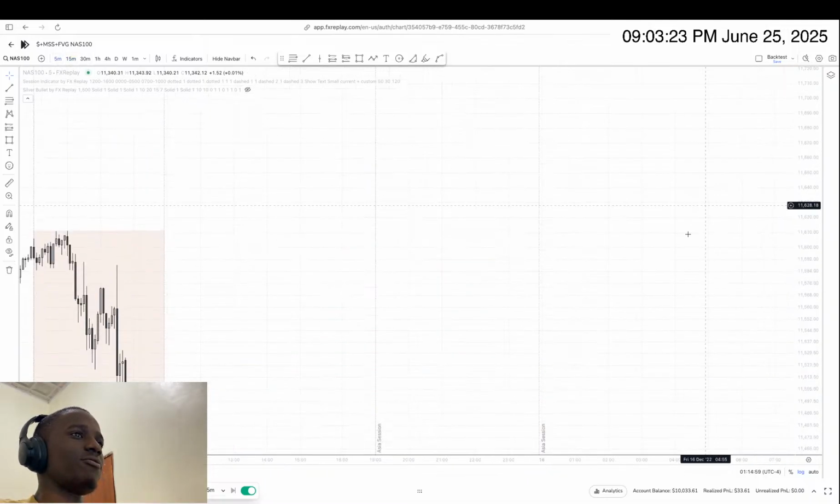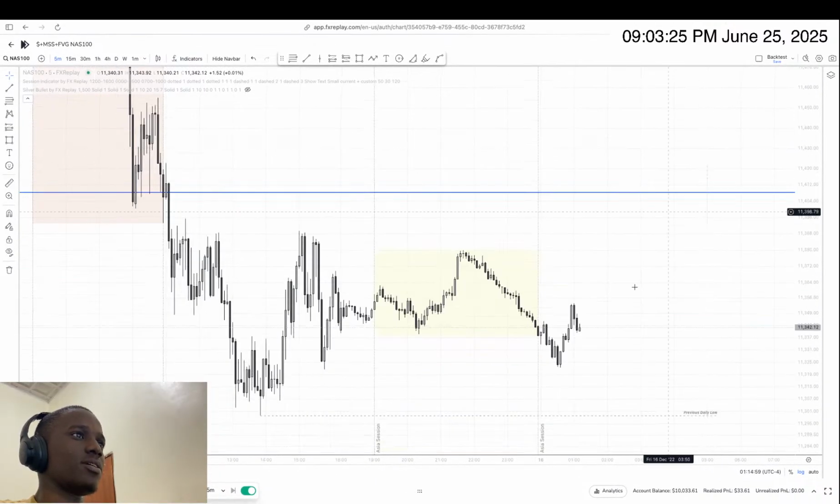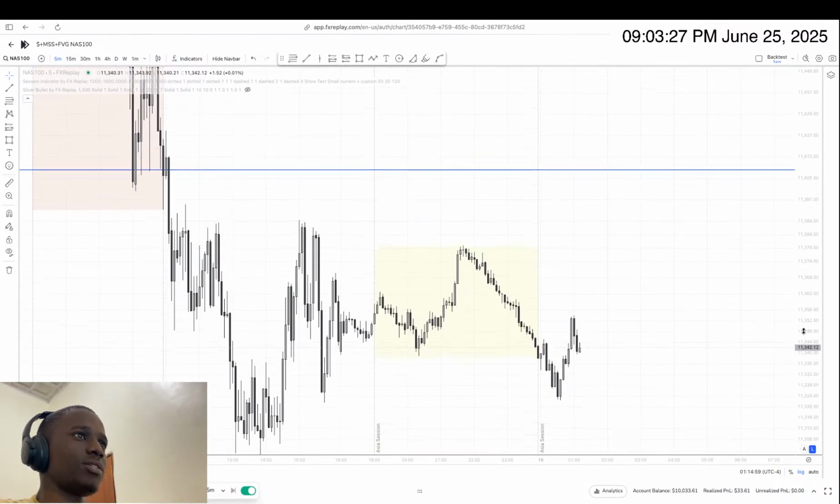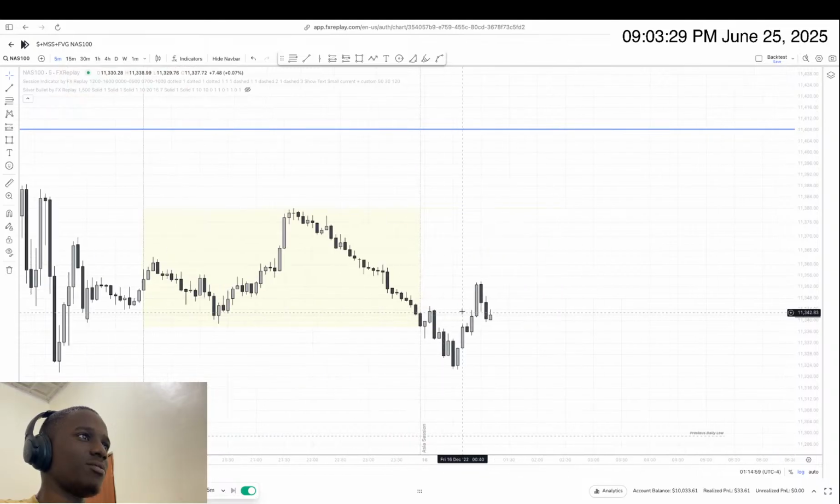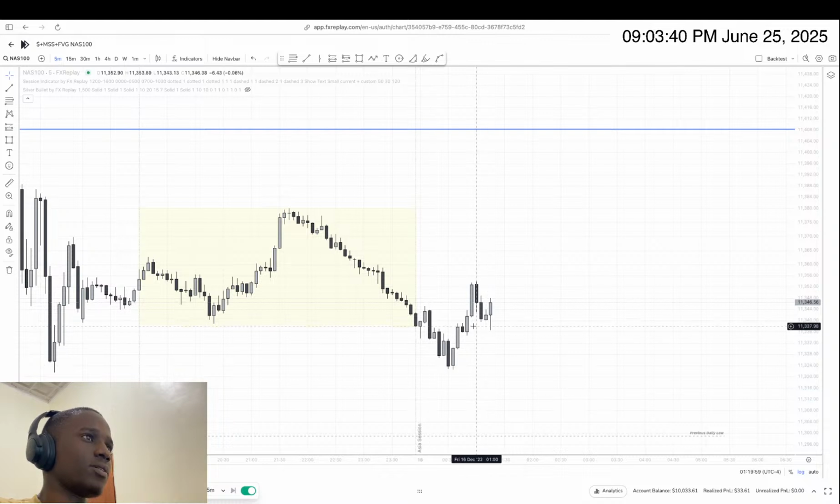So on the 5 minutes so far, what I can see is after taking out this liquidity, we shifted structure. We have an internal high right here, and we dropped. So I'd like to see a rejection of these small fair value gaps. You can see we push into it and then we start rejecting.